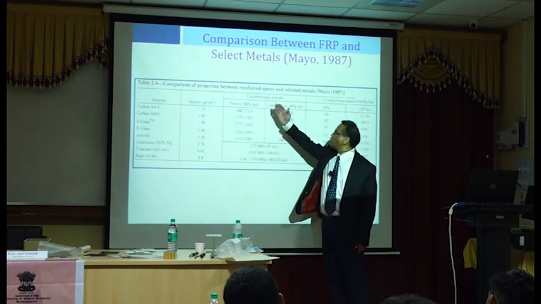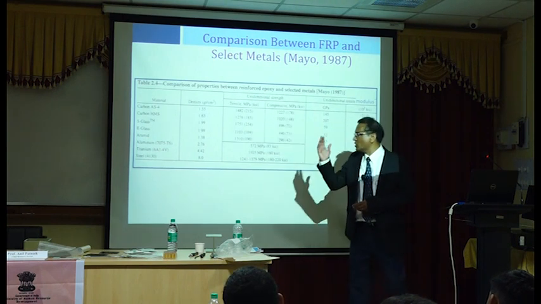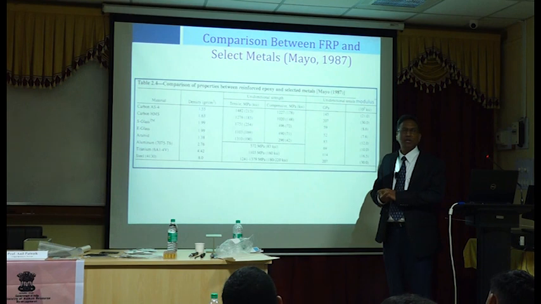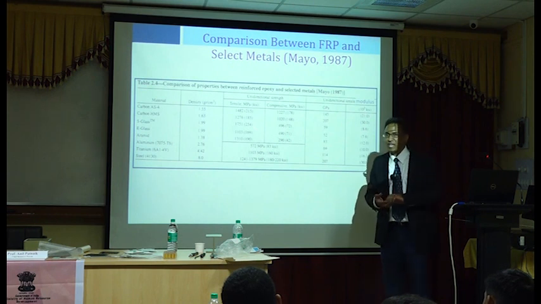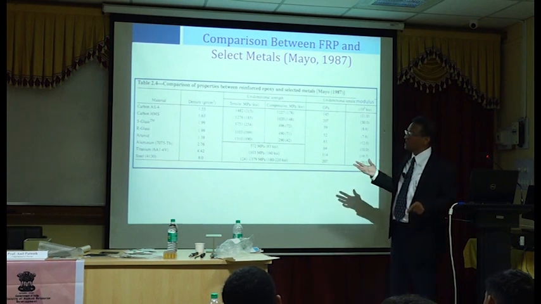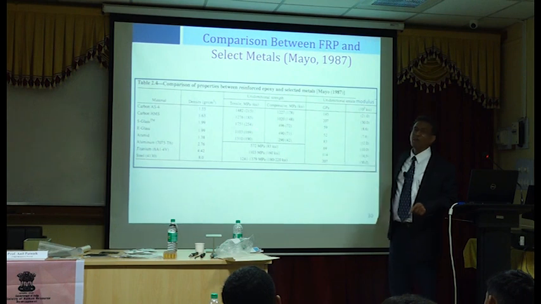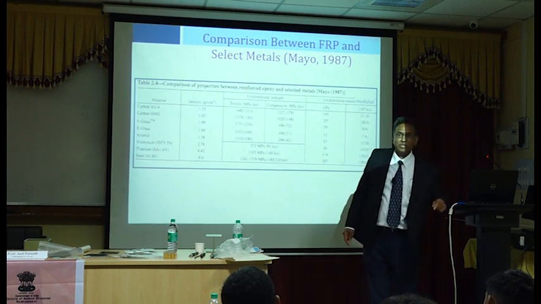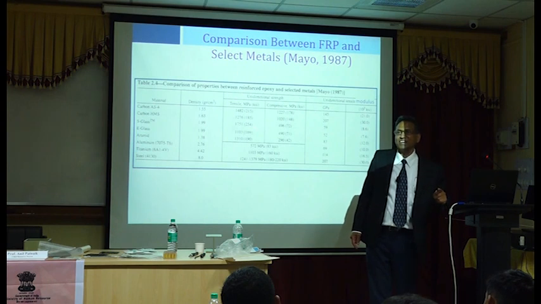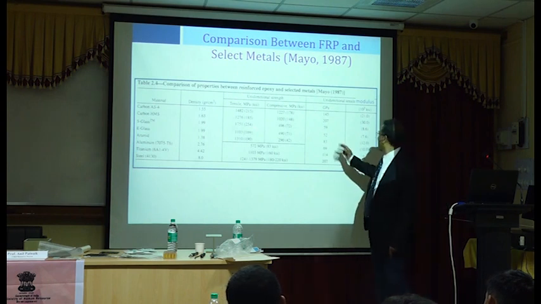So strength-wise, we are way over the strength of steel. Stiffness-wise, not really. We are not there yet. So if you want to become very rich, develop a composite with very high modulus. That will sell. Okay? All right.